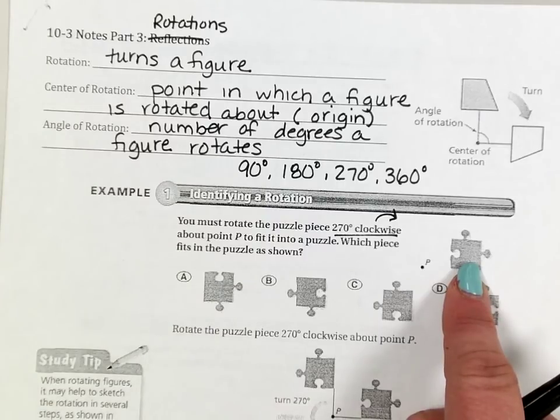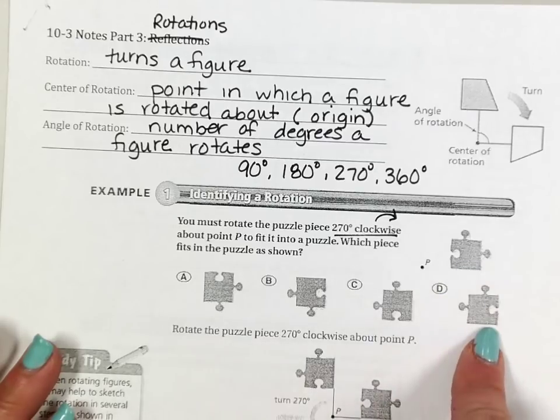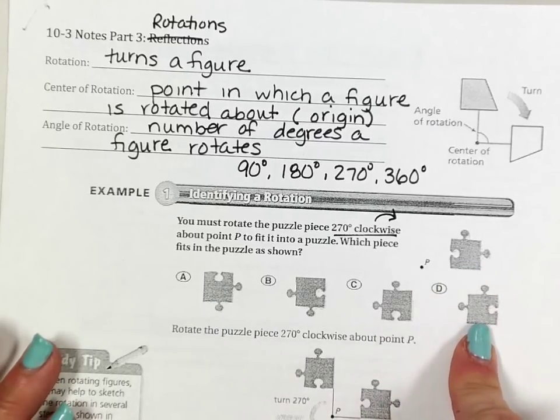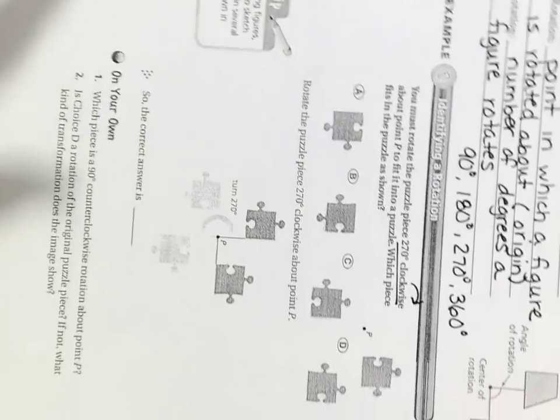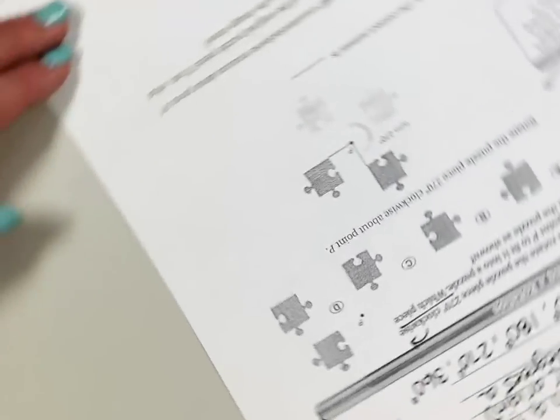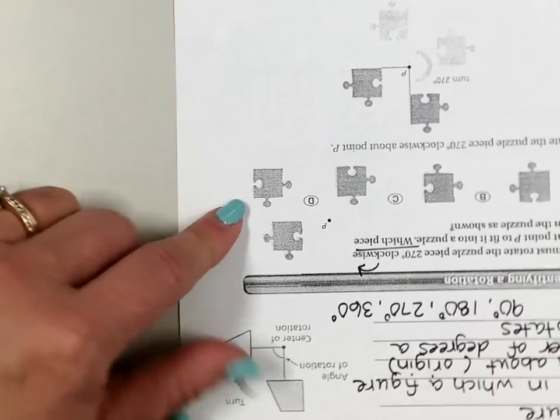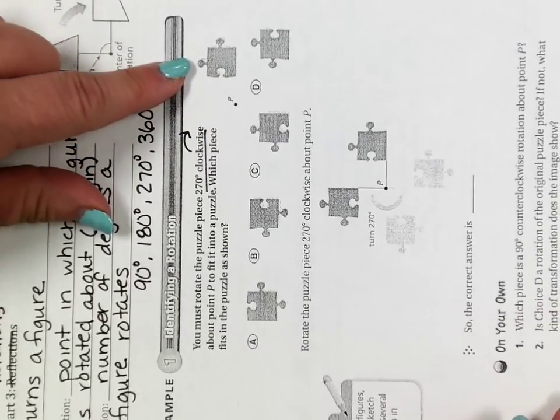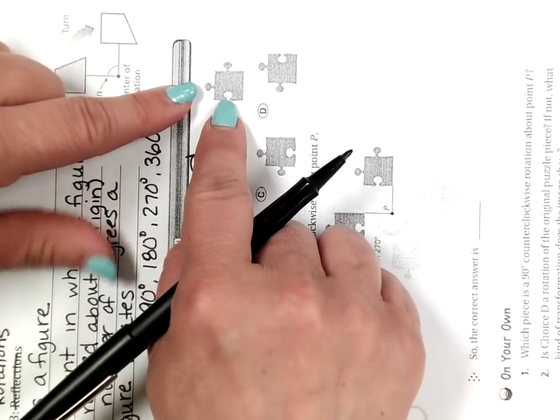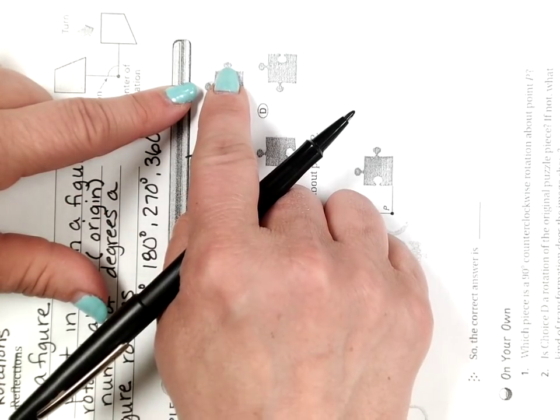So if I have my piece of paper, I can turn it 3 times to the right to see what it looks like, and then I'll come back to here to see which one it is. So 1/4 turn would go here, 2/4 turns here, 3/4 turns, this is what it should look like. I should have the opening on the bottom, and I should have the puzzle piece sticking out on the top and on the left.